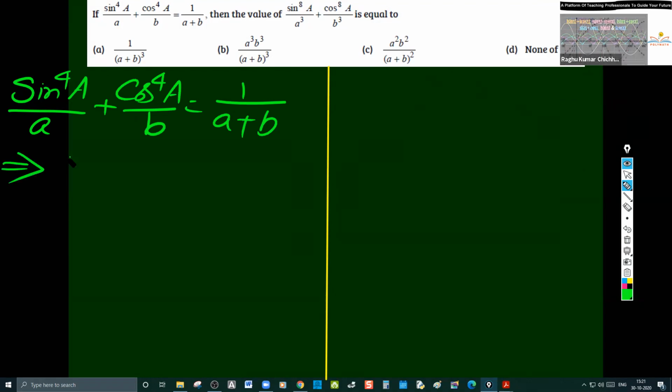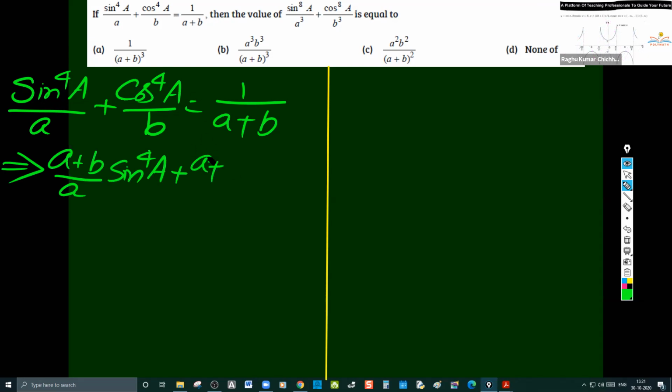A plus B upon A sin^4 plus A plus B upon B cos^4 is equal to 1.